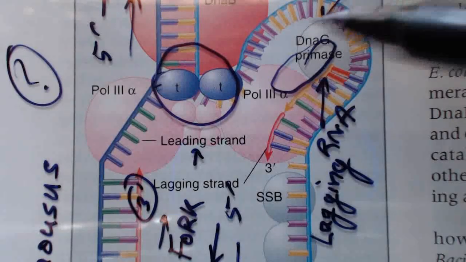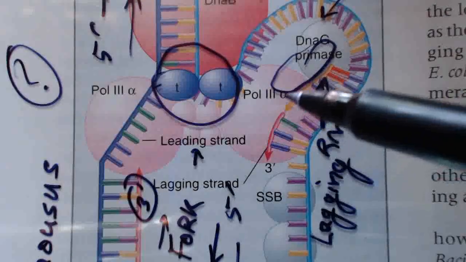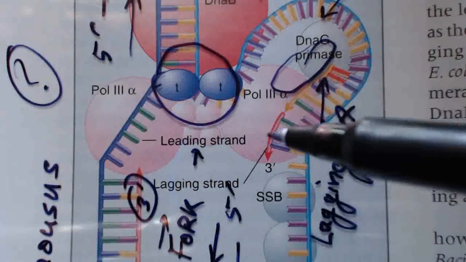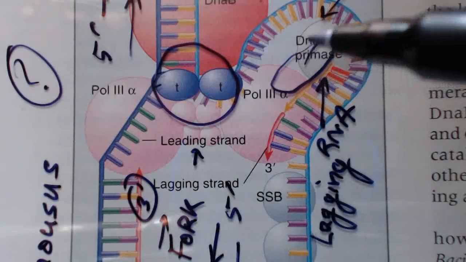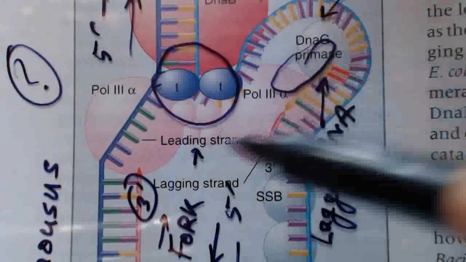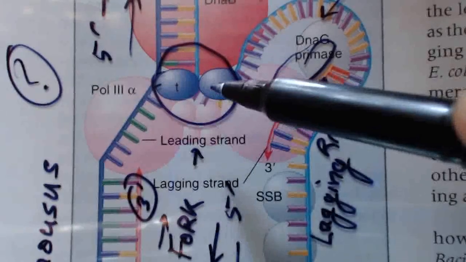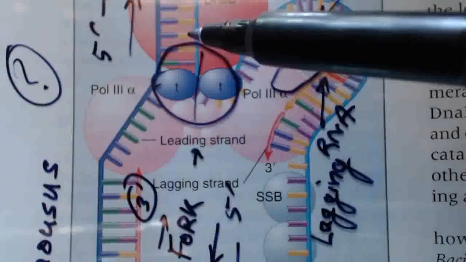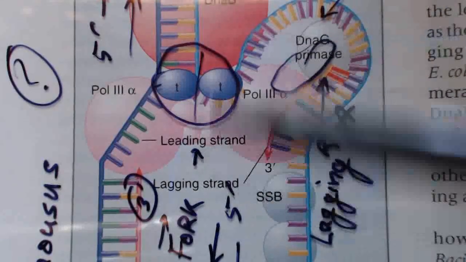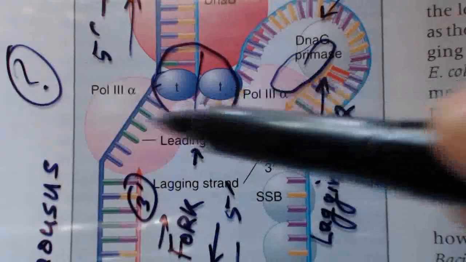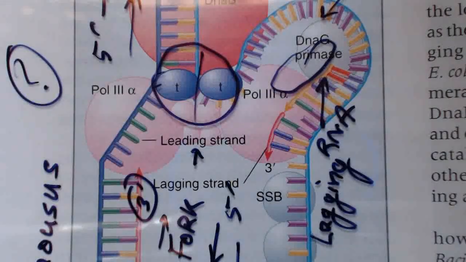So the problem could be solved if there were two different polymerase enzymes synthesizing two different strands. But the answer is no, that's not going to happen. There is only one DNA polymerase 3 and both of the subunits are attached to each other. So there is no way that they are going to break apart. They are going to stay added together as subunits with each other.